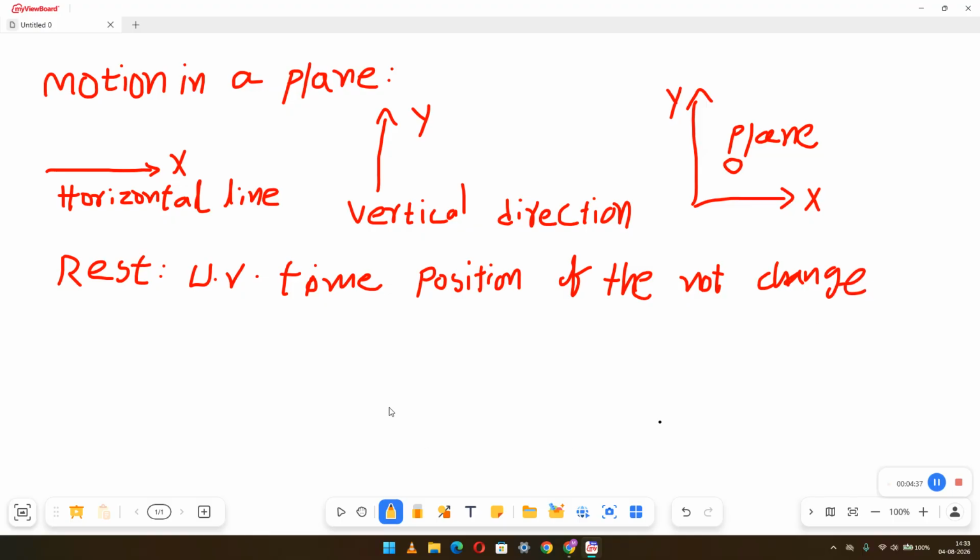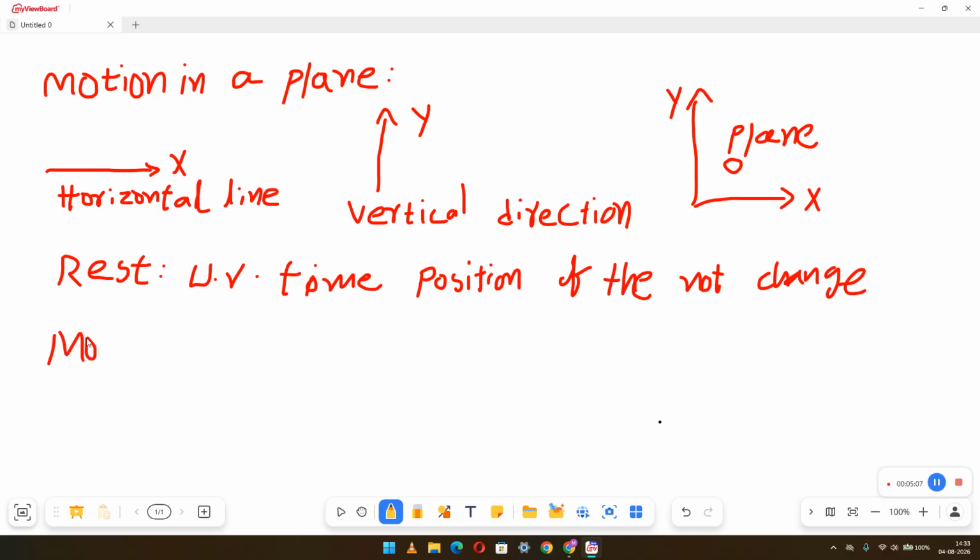Suppose that we are sitting on a chair. After 20 minutes or 30 minutes, you are still sitting on the chair. If position is not displaced, that means we are in rest position. Stones, table, chairs, water bottle, these are all examples of rest position.